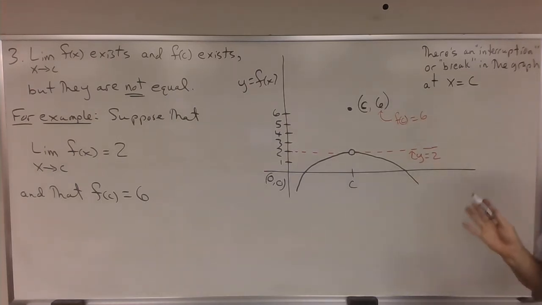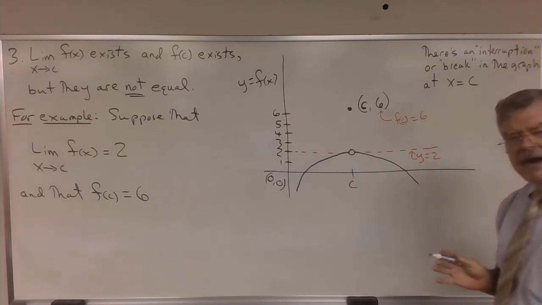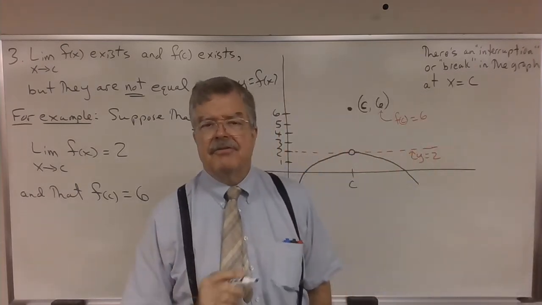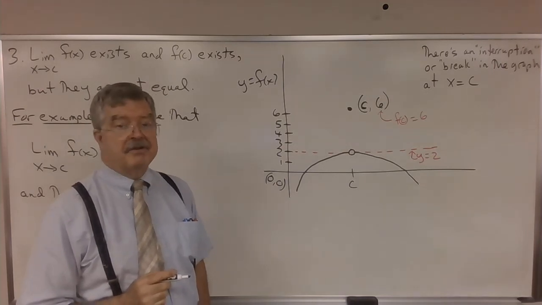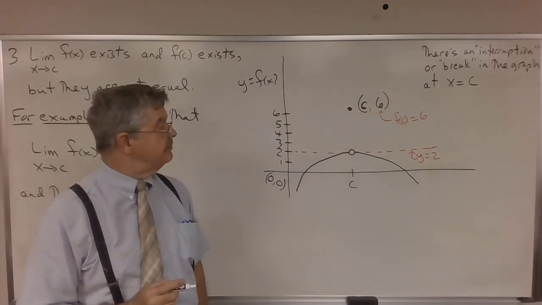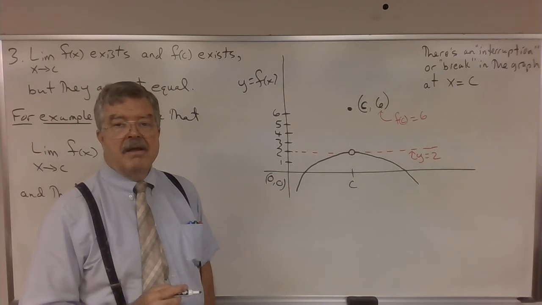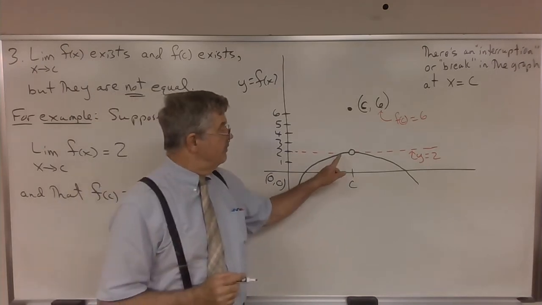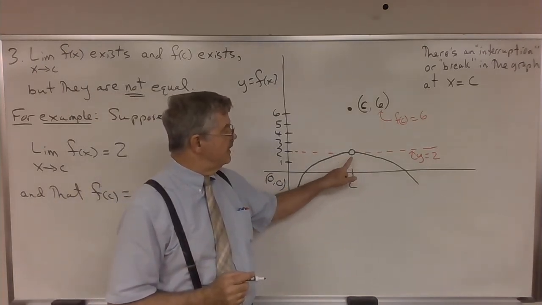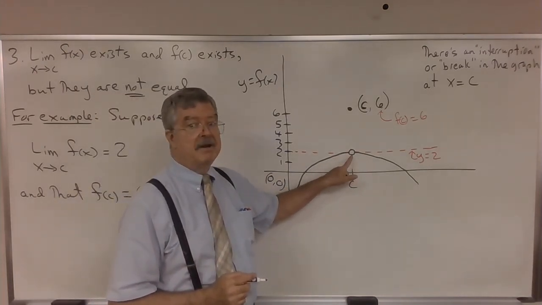Now there's another way that we can look at this graph to support our claim that the function is not continuous. And what we do is we count the number of separate pieces. Are there more than one? Well, these two pieces are separated by this missing point right here.